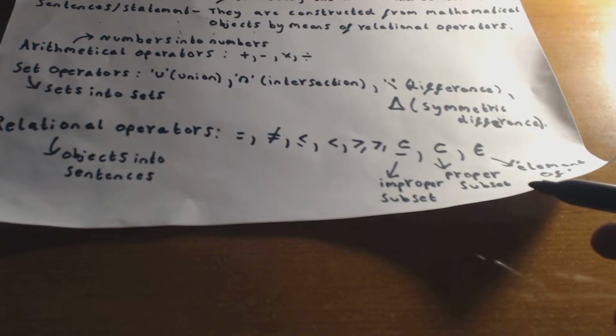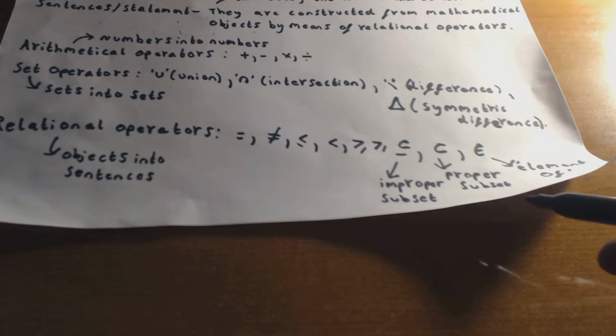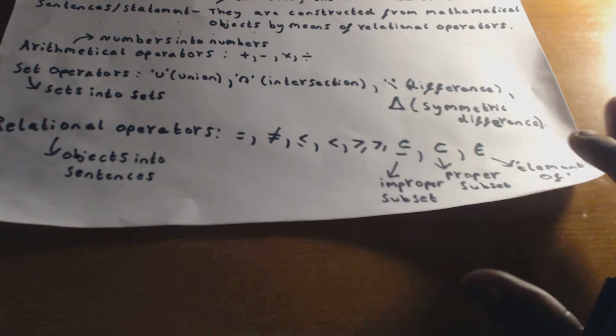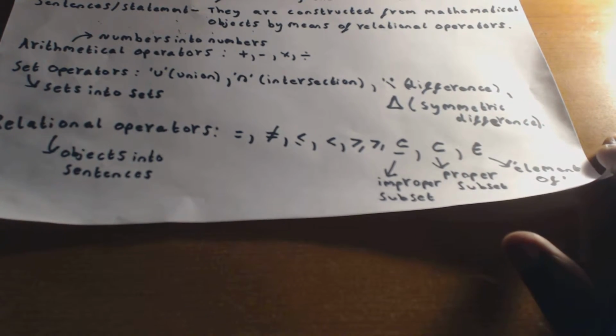So for the set {1, 2, 3}, an improper subset would be the set {1, 2, 3}, but a proper subset of {1, 2, 3} would be {1, 2}, because the proper subset has strictly just some of the elements of the set, not all of them. That is a very minor difference, but I thought I'd throw that in there anyway.